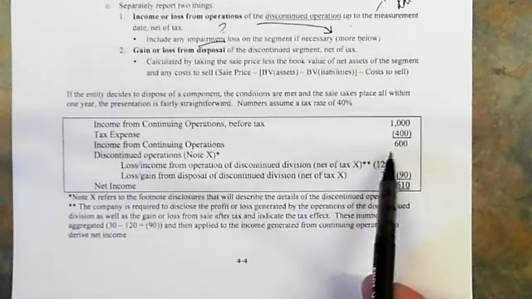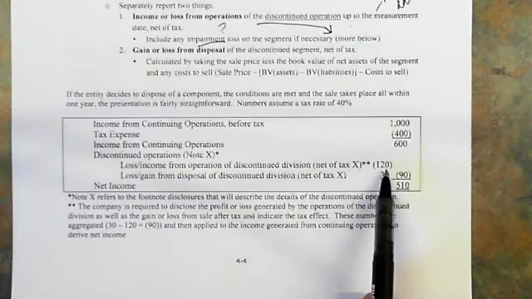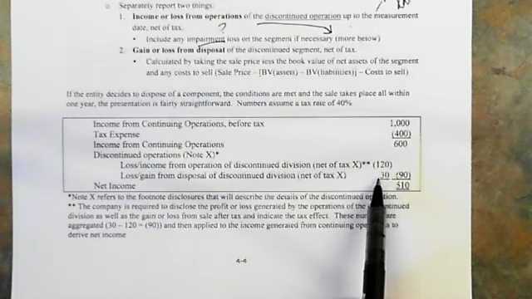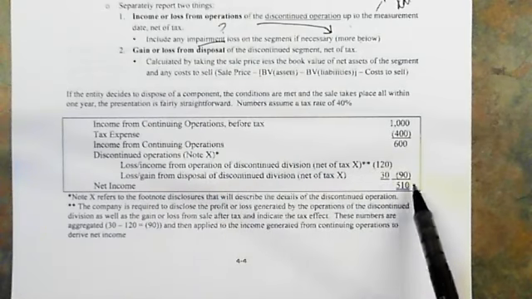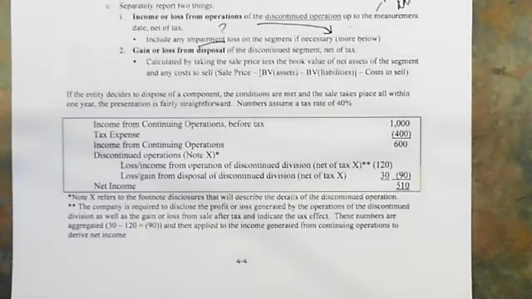But we just take a tax effect. There was a loss on the discontinued operation, and that loss is $120 net of tax. And then there was a gain on the disposal, a gain of $30. Well, those net together to give me an overall effect of a loss of $90 from this discontinued operations disclosure, and that gives me net income of $510.